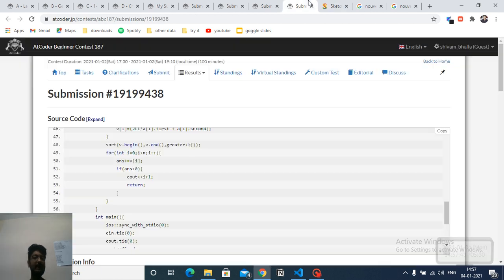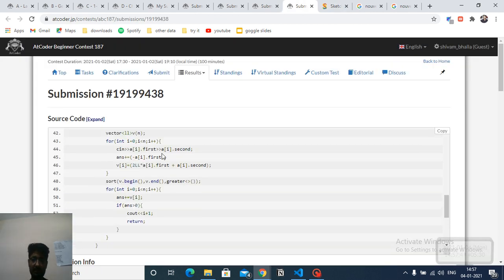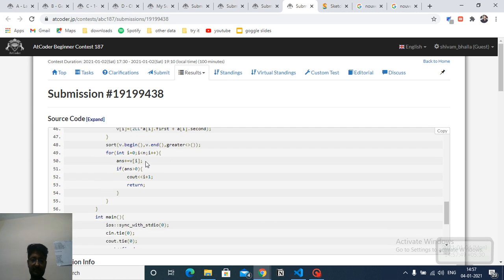So I increment the answer, which is the total negative value, with the maximum possible value at every state, and if at any state it becomes greater than 0, then the answer is I plus 1, because it is 0-indexed, and that gives how many cities you have to give a speech in. I hope you get the intuition and the value for this problem.